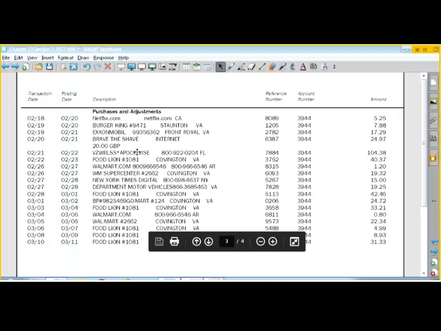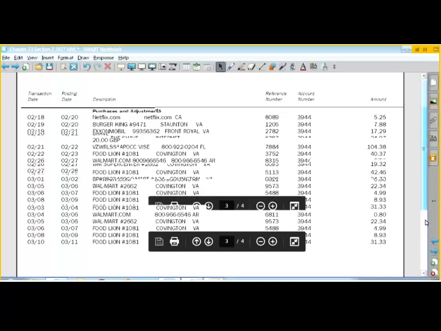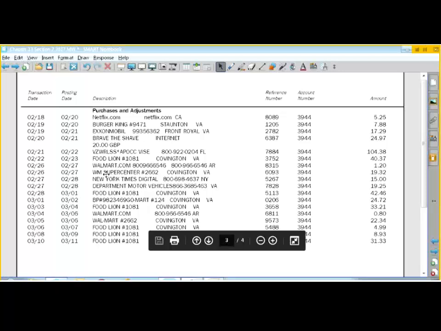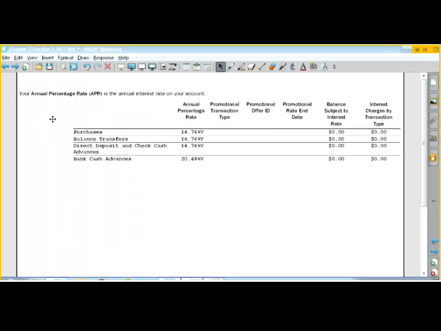So I gave $25, 20 pounds there. Here's my phone bill, $104.38 from Verizon. My New York Times online subscription. So these are my charges throughout the month. That's what a credit card bill looks like, and you go through and make sure that everything's valid.